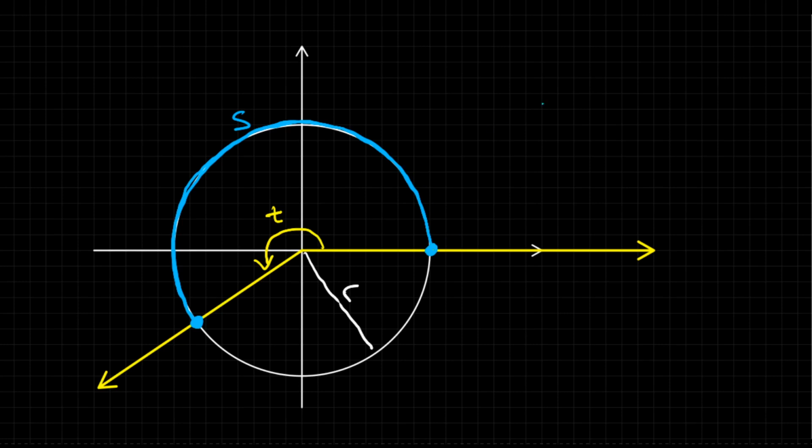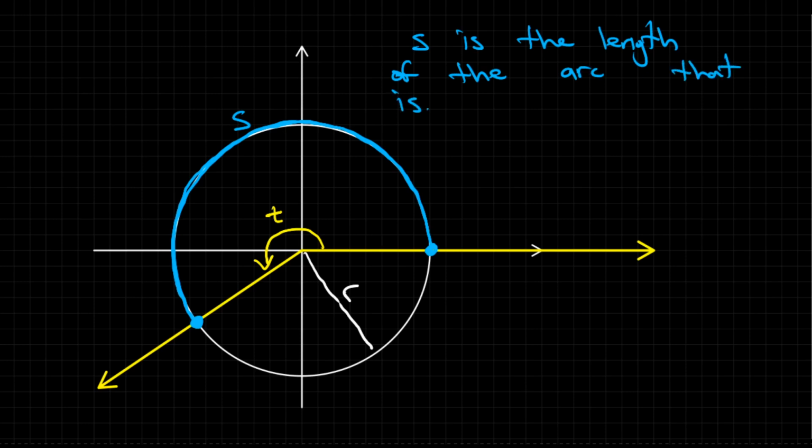There's a special name for this type of arc. So what we would say is that s is the length of the arc that is subtended by the angle t.